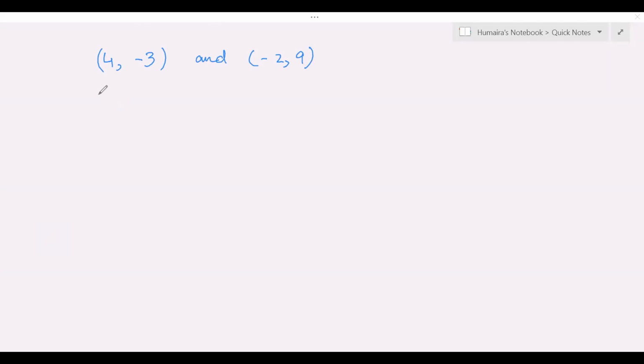In order to find the equation of a line that passes through 2 points, we will always have y equals mx plus b. This is the form of the line equation, where m is the slope and b is the y-intercept.